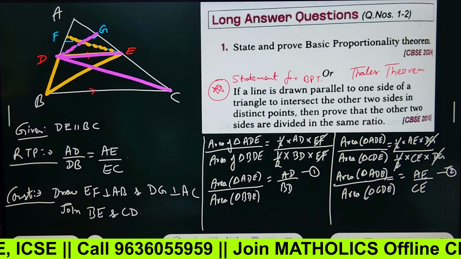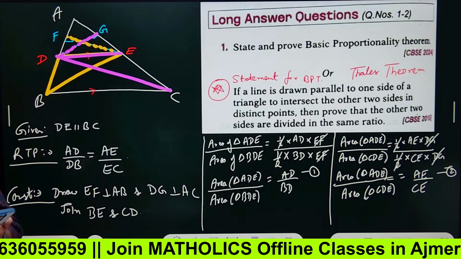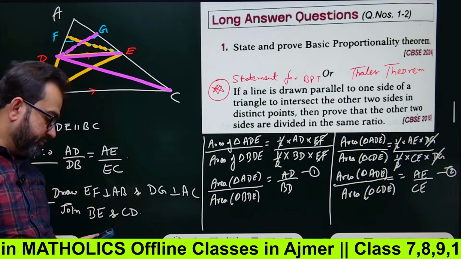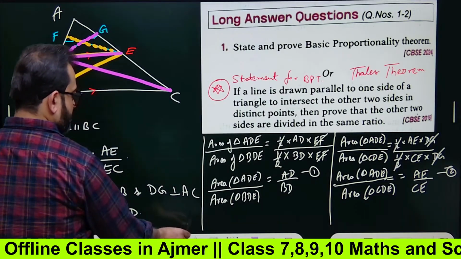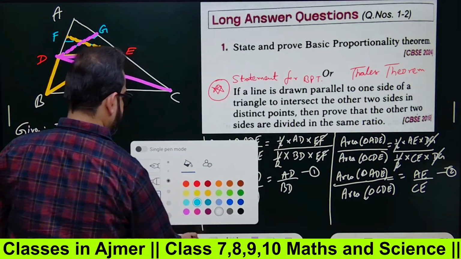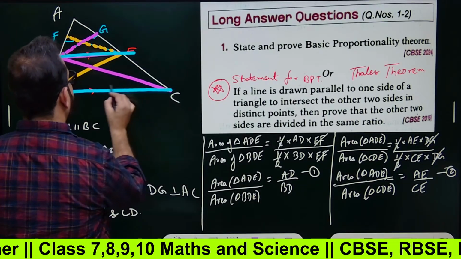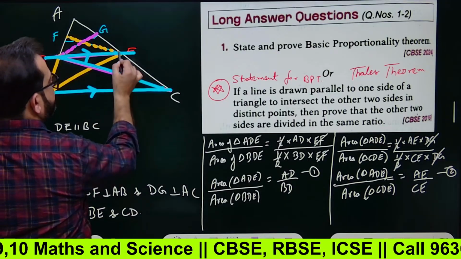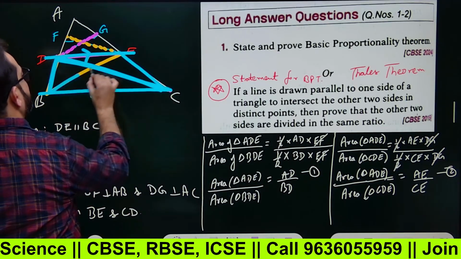Now what does the concept say? The concept says that areas of triangles on the same base and between the same parallels are equal. Let's say these two are parallel lines, and these two triangles are on the same base.